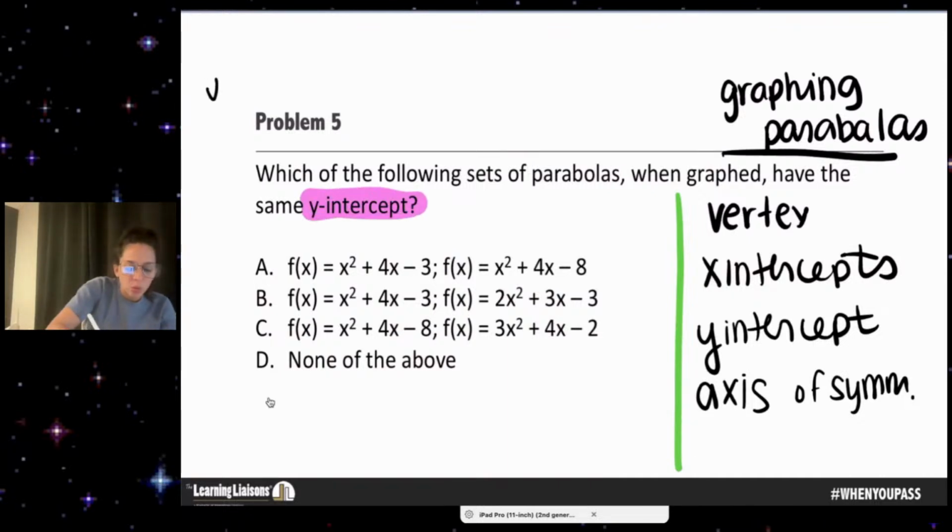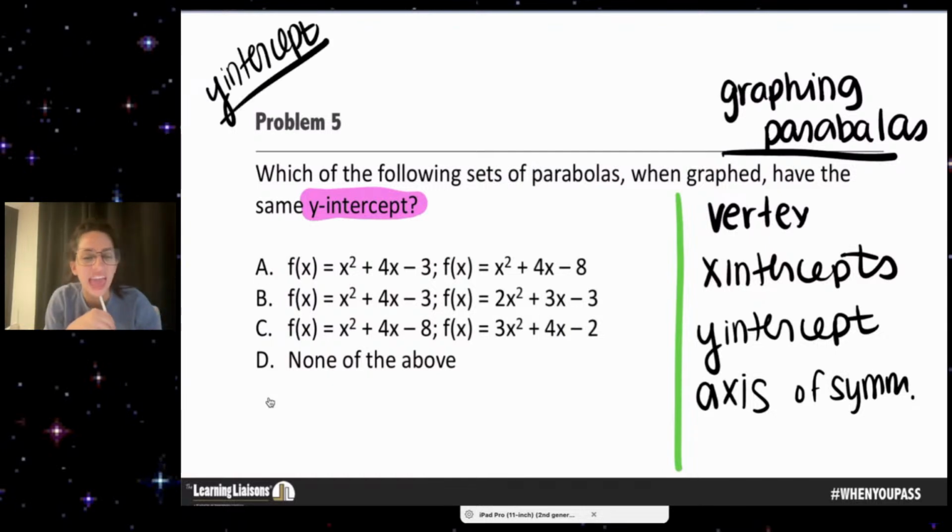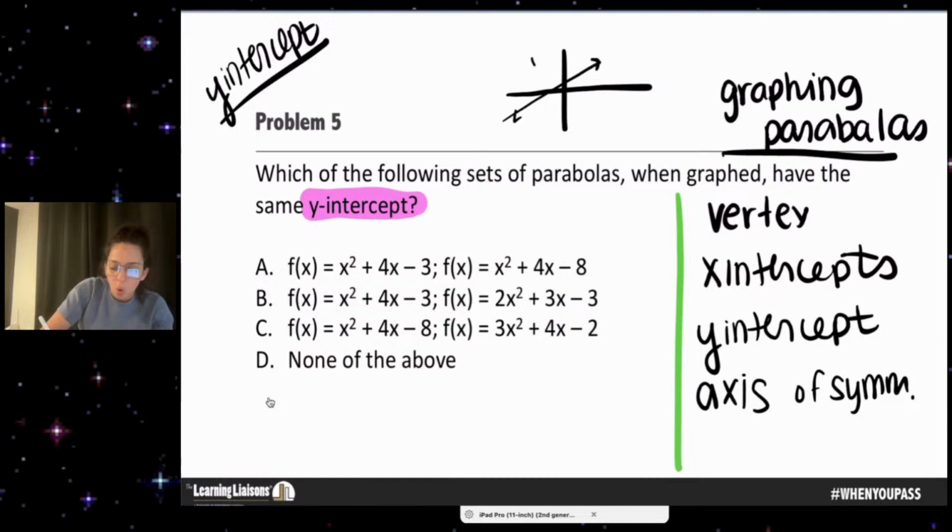What do we know about a y-intercept of any graph, regardless of whether it's a line or a parabola or a crazy snake? A y-intercept is where the graph crosses the y-axis. And where the graph crosses the y-axis, my x value equals 0.